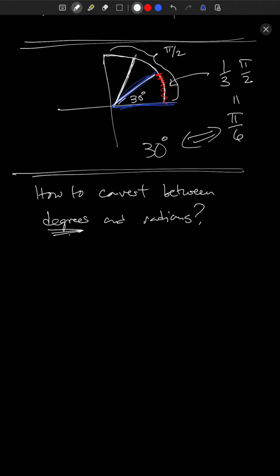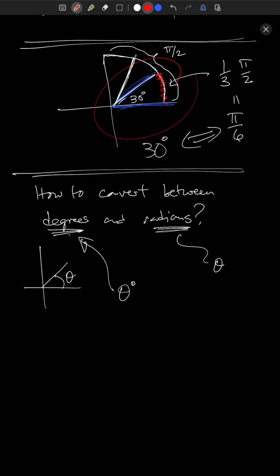Let's say I have an angle theta here, all right? Let's call its measure in degrees theta degrees, and let me call its measure in radians just theta. Okay, so for example, up above, this angle up here, we would call theta degrees 30, and the radians would be pi over 6.